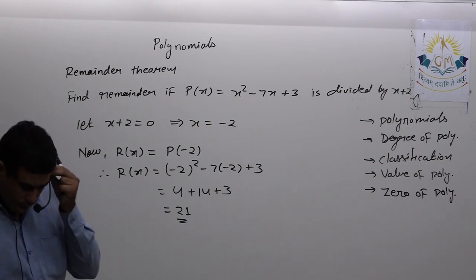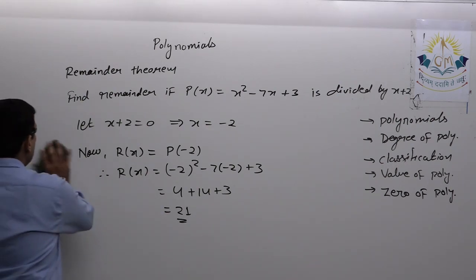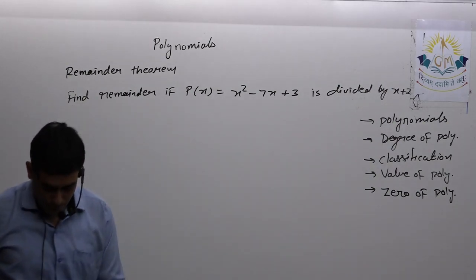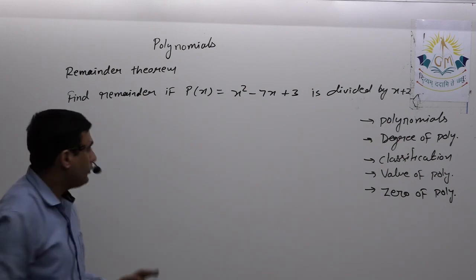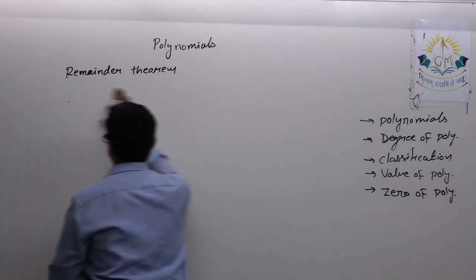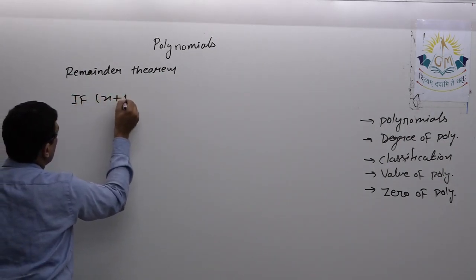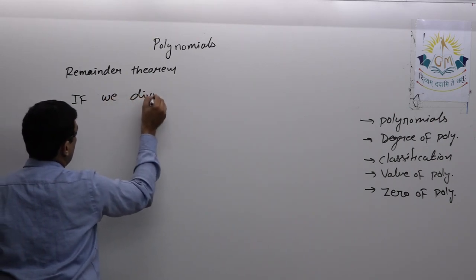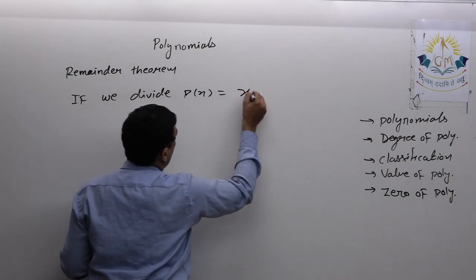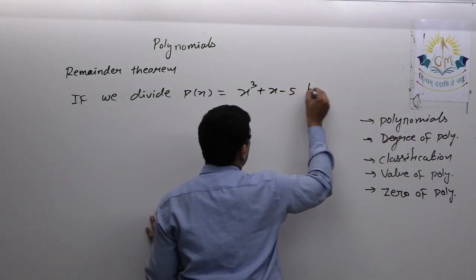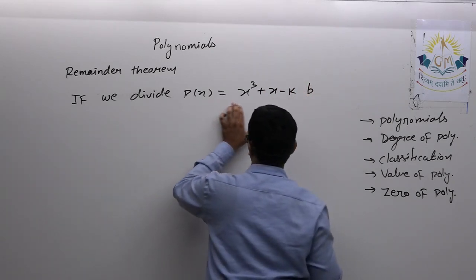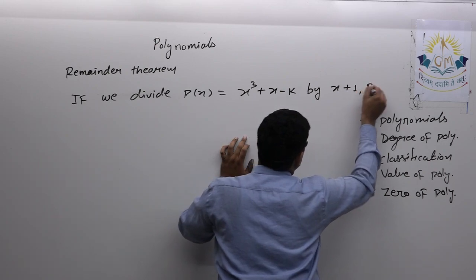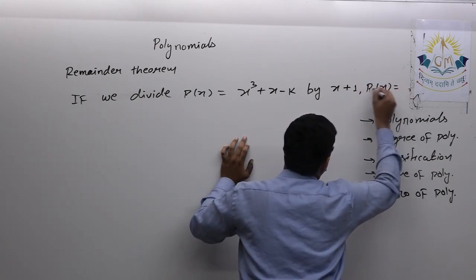The question is, if we divide p(x) equal to x cube plus x minus k by x plus 1, the remainder R(x) is 3.